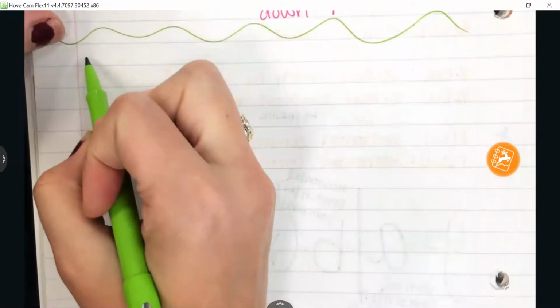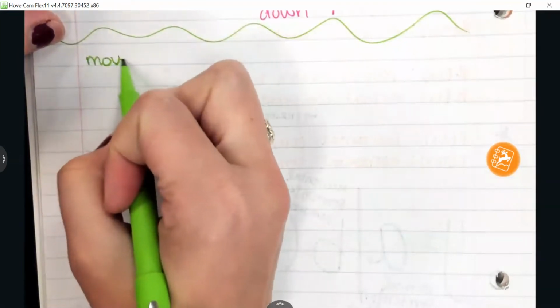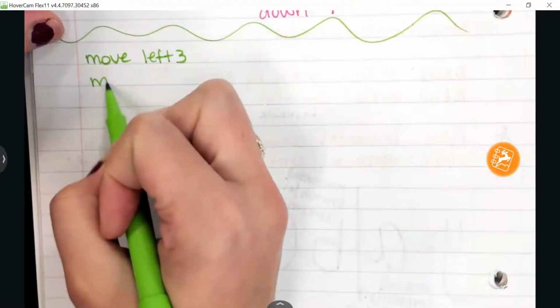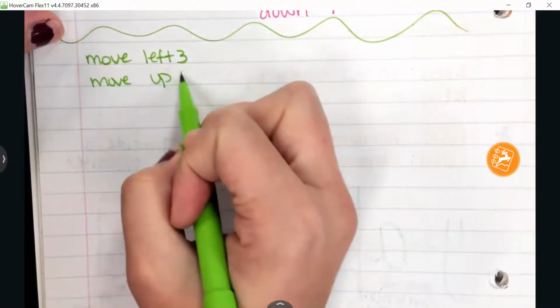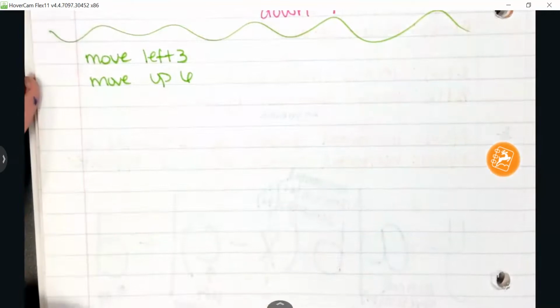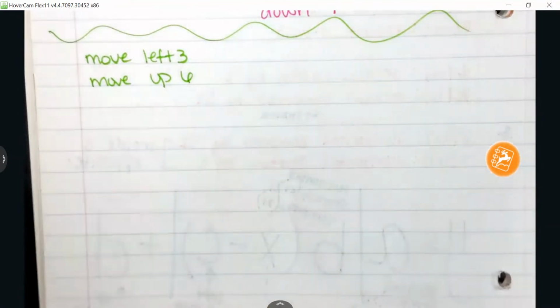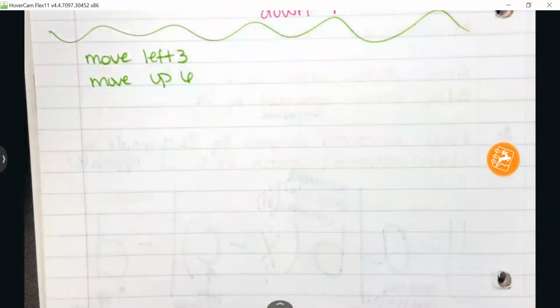If I say that I have a function that moves left 3 and moves up 6, I want you to write the equation. If you write a skeleton equation, that means the bare bones of an absolute value equation, and we put things where it goes, it makes it easier.